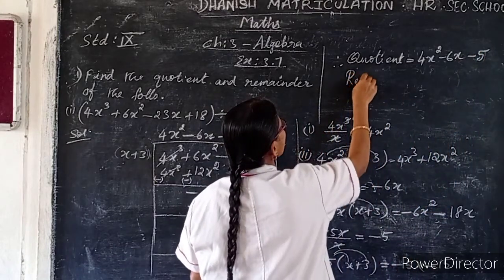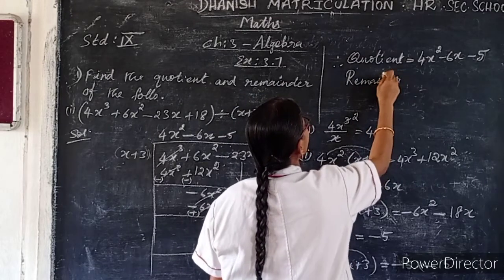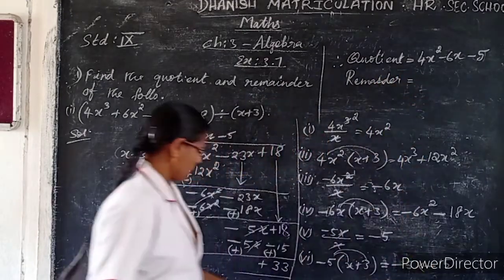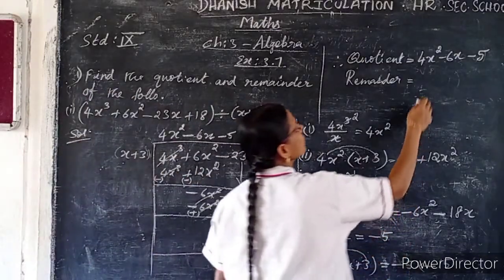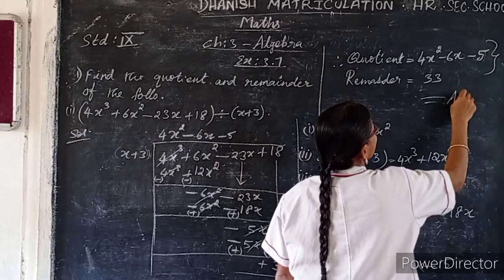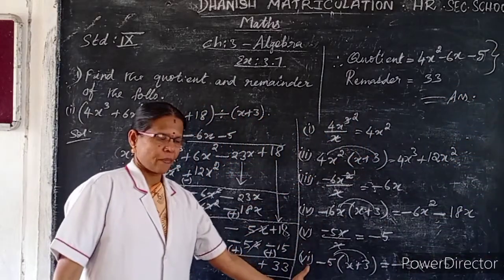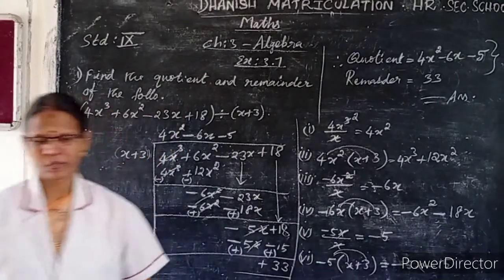Remainder is plus 33. So this is our answer. So this and all you should write in rough column side.